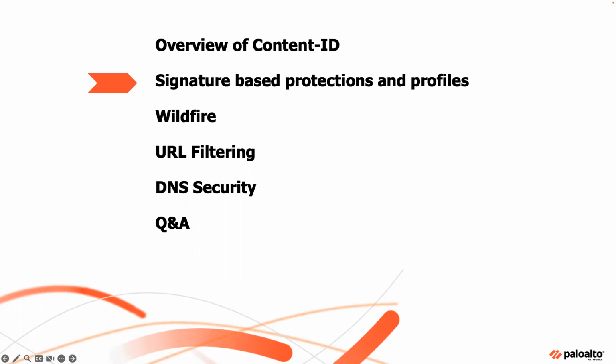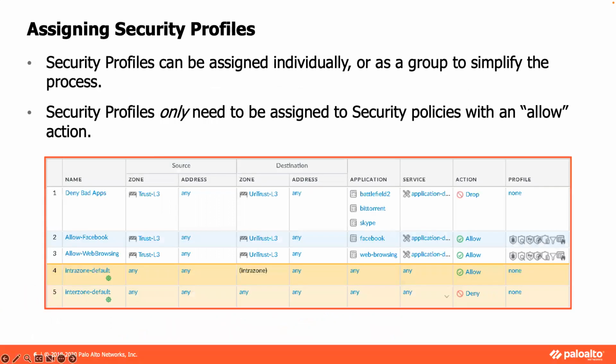We have a couple of ways to protect you against those things. We have URL filtering that can protect users from hitting phishing links, even from being able to share corporate credentials and things like that. We have DNS security to block a lot of DNS-based attacks and DNS tunneling and things like that. So we'll go through all of those.